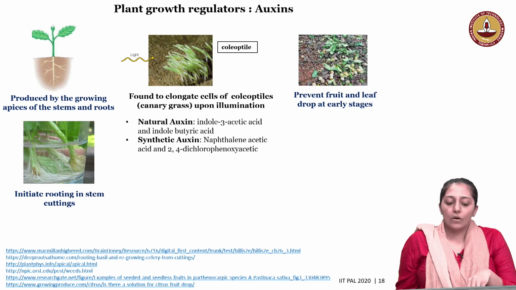Auxins are also used to initiate rooting in stem cuttings. You can see the picture on the slide here, where when the stem cuttings are inserted in a nutrient medium where auxins are provided, the rooting starts happening. They promote root formation.